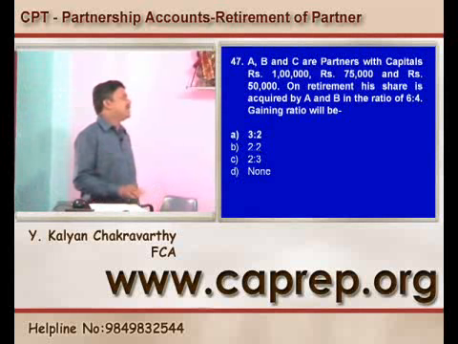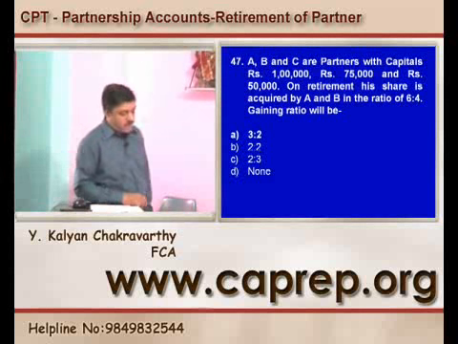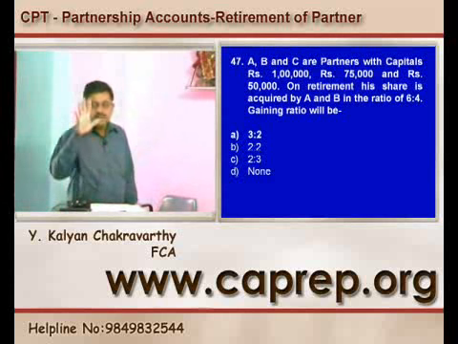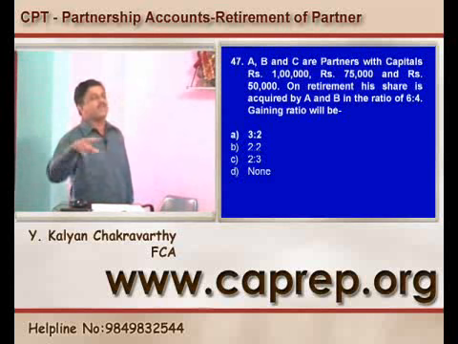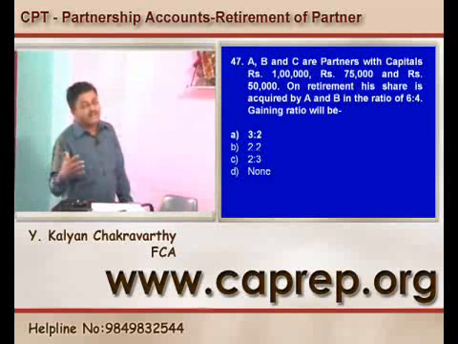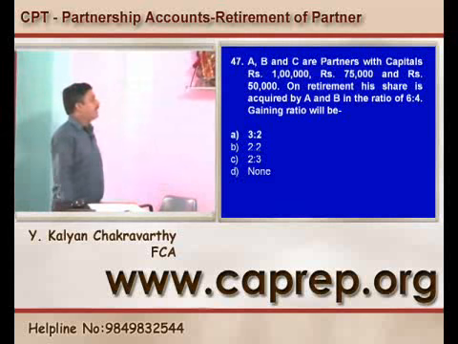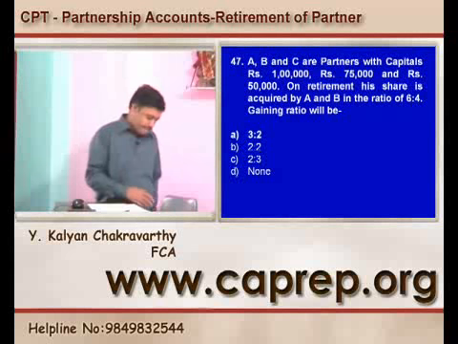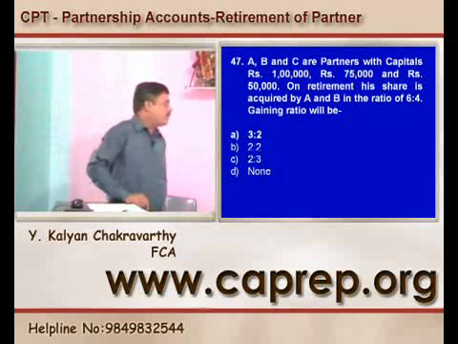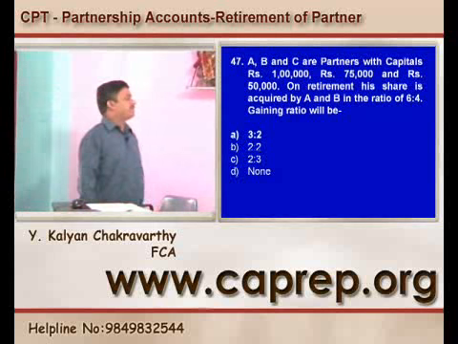Then what is the gaining ratio? See, how much they are getting is clearly given. How the retiring partner's share is going to be shared between the existing partners is clearly given. How to calculate the gaining ratio? Write down. Gaining ratio of A is equal to old ratio of C into 6/10.